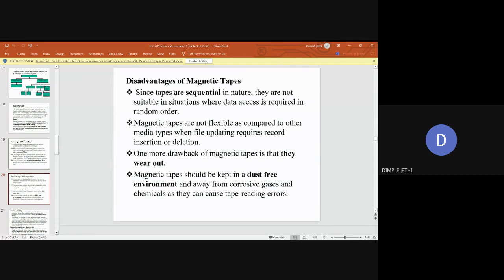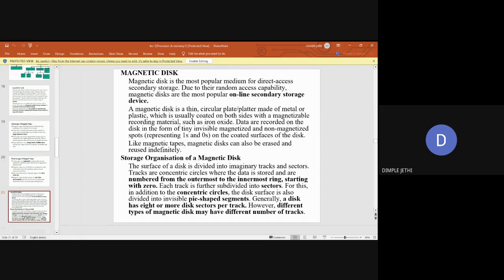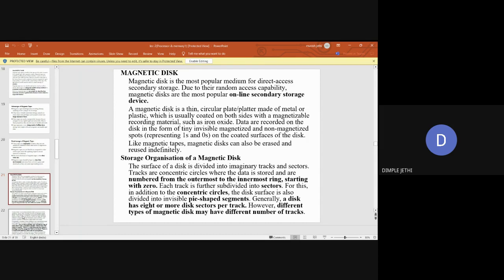There you can use magnetic tape. They have less wear and tear also, but you cannot use it for online accessing of data, where you know that it's not going to be sequential. It also gets corrupted if you keep it in a dusty environment. So these are the advantages and disadvantages of magnetic tape.